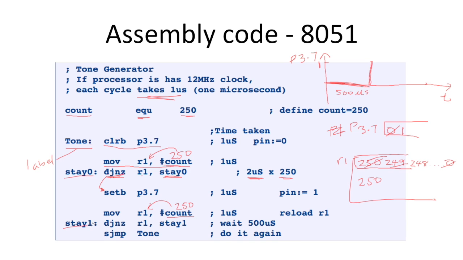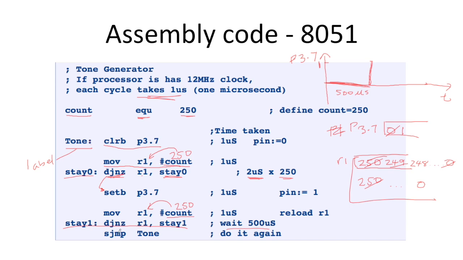Stay 1 is the same instruction as stay 0. It allows the microcontroller to simply decrement the contents of R1 250 times. Each time takes 2 microseconds, and therefore you end up waiting for 500 microseconds.